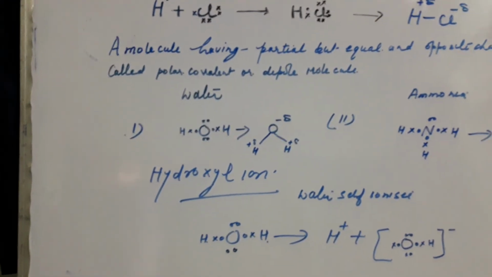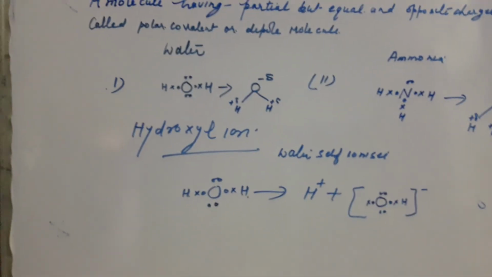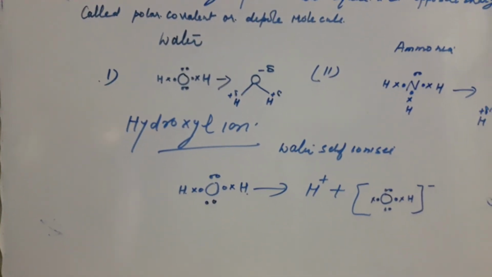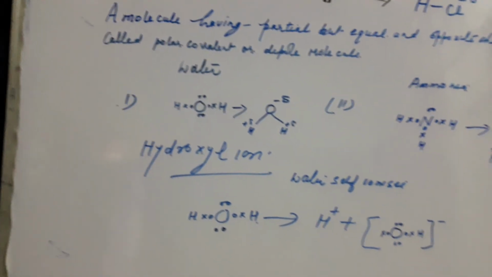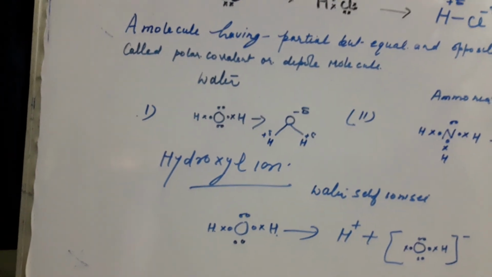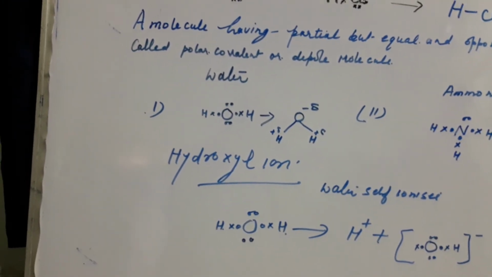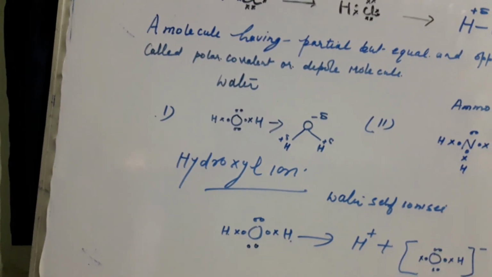So how to draw the structure of hydroxyl, today you just listen. Draw this, very simple. Draw the structure of water, you all can draw it now. Oxygen in the center, 6 valence electrons, 2 single covalent bonds with hydrogen. Now we will remove hydrogen, not its electron. Okay, what will we remove?